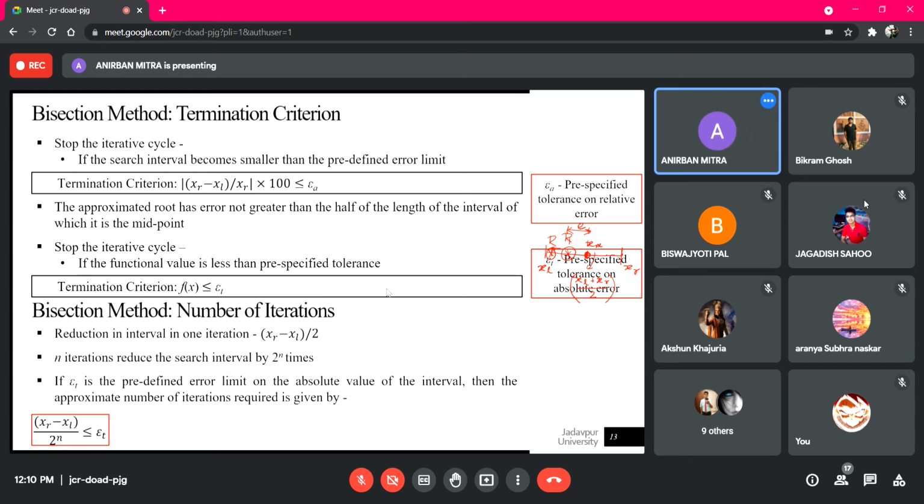That gives by how much it has been reduced, and that has to be less than or equal to the absolute predefined error limit.